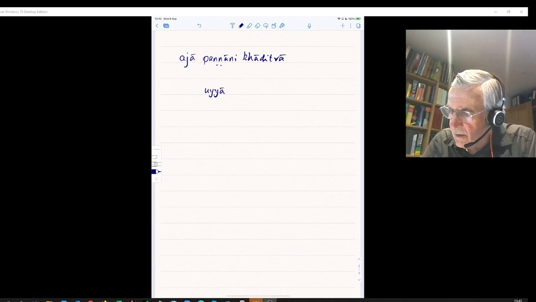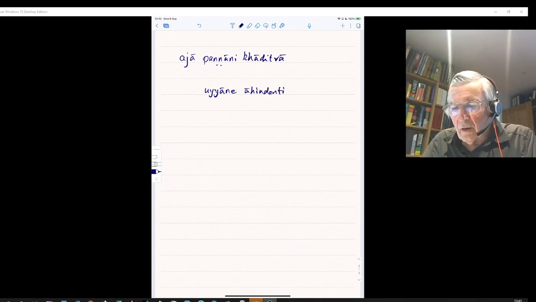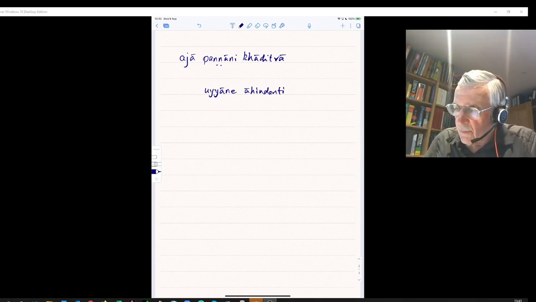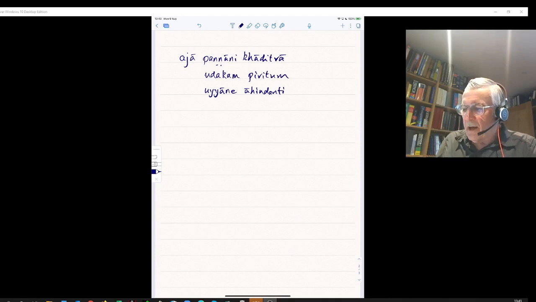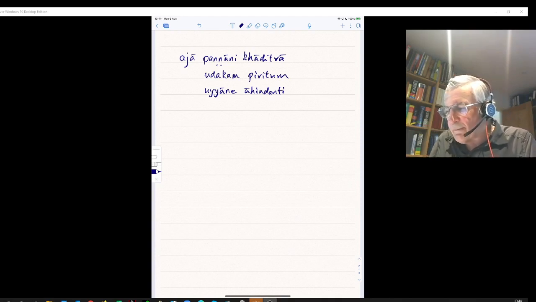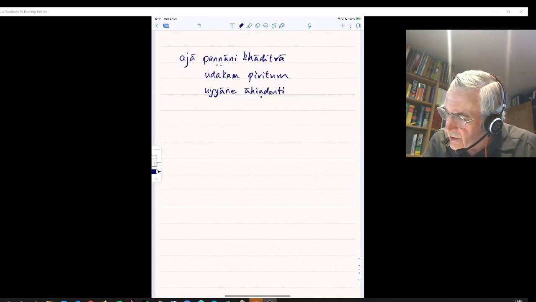Uyane ahindanti, in order to drink water. So udakam pivitum. So we have aja banani kaditva udakam pivitum uyane ahindanti. So this is retroflex ahindanti.